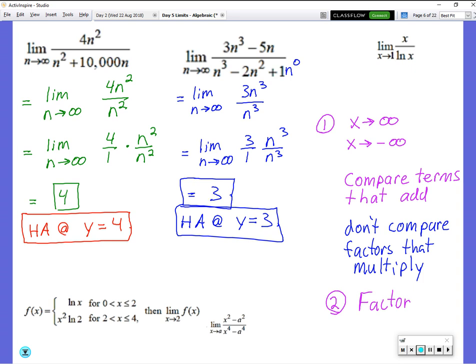Keep rolling. Trying to impress upon you the need to make sure you're thinking as you solve problems, not just working on autopilot. Here's a classic example of what happened on the AP test years ago. I found several problems like this. Kind of in 1983 there was a problem like this. 1985 there was a problem like this.